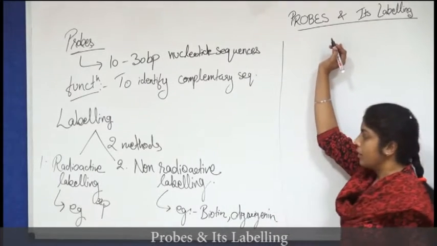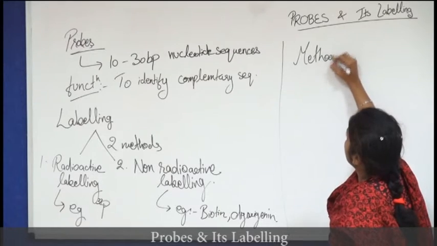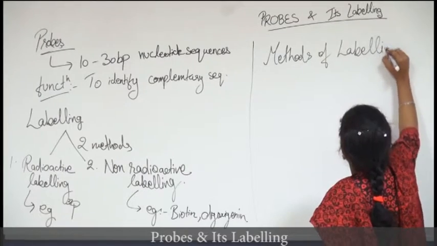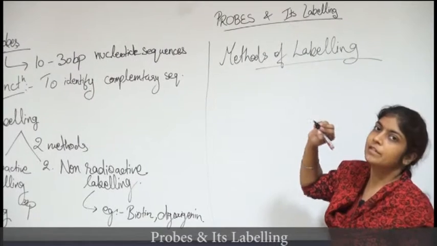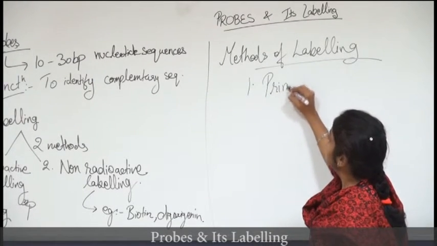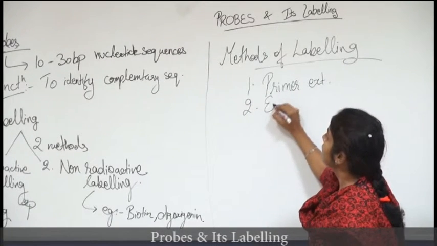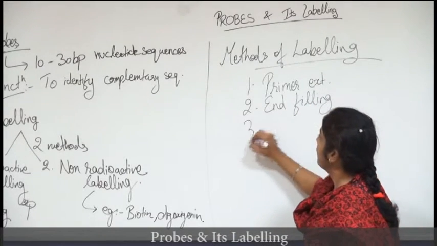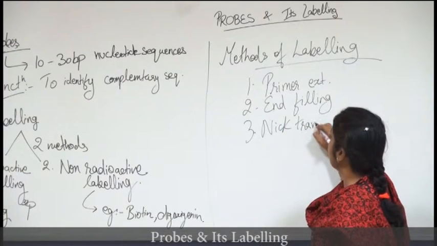Now the methods. Talking about the methods of labeling, there are different methods of labeling like primer extension and end filling, nick translation. There are many other methods also available.